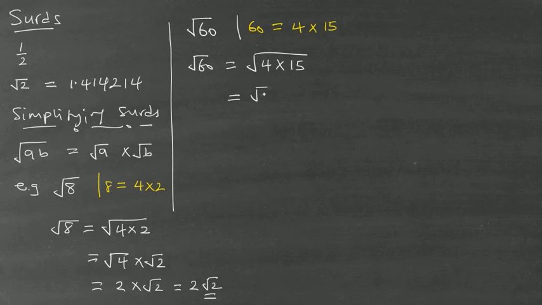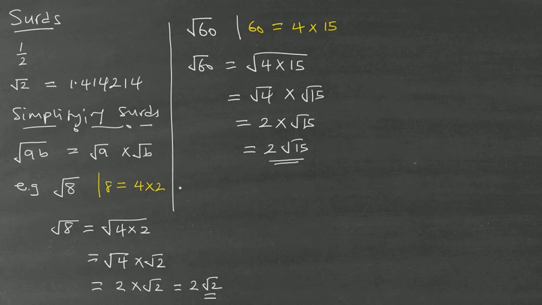Expanding this will give me the square root of 4 times the square root of 15, which is 2 times root 15, giving you 2 root 15. In most cases, when you write something like 2 root 15, there is multiplication here. It shouldn't be confused.